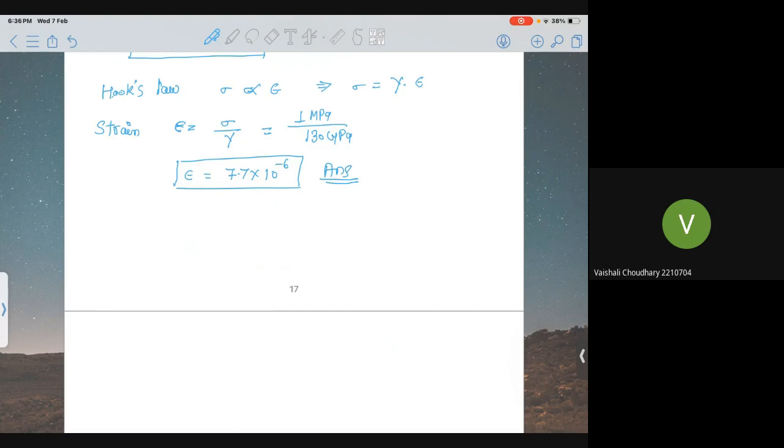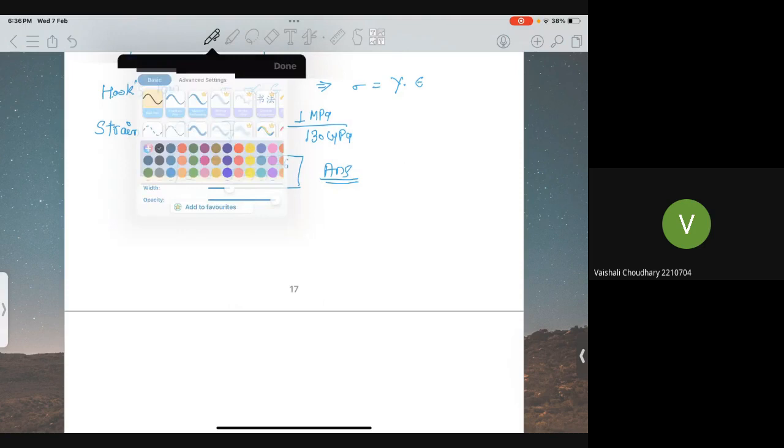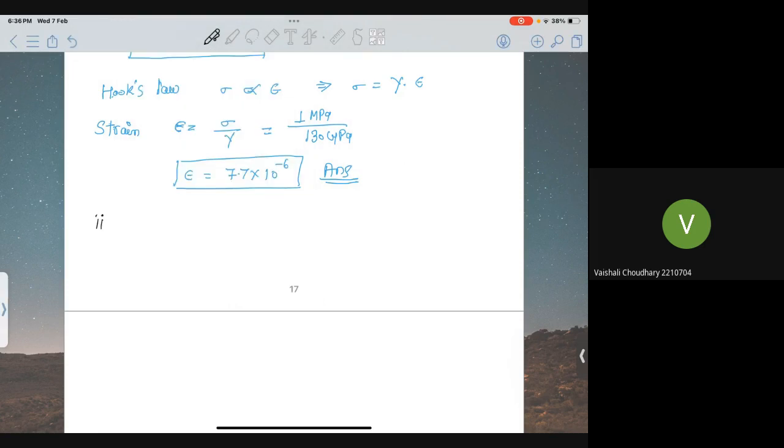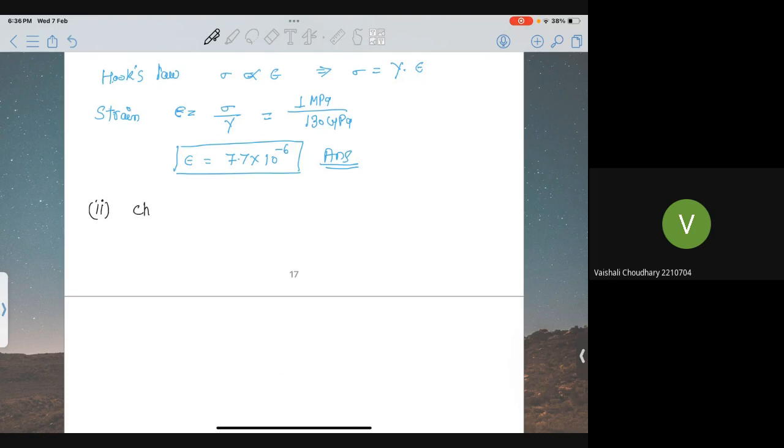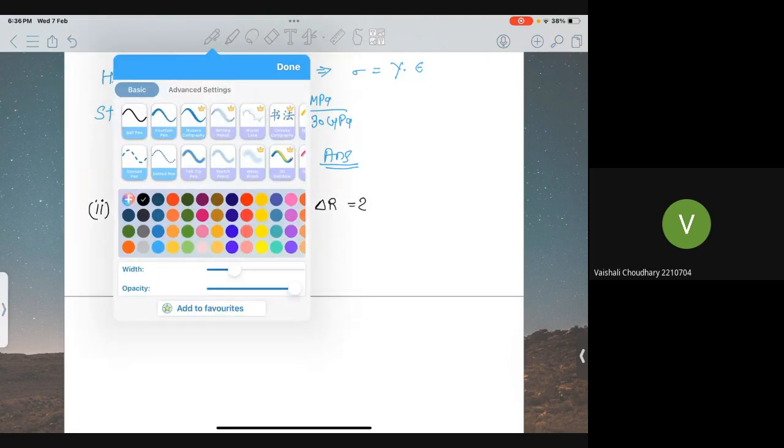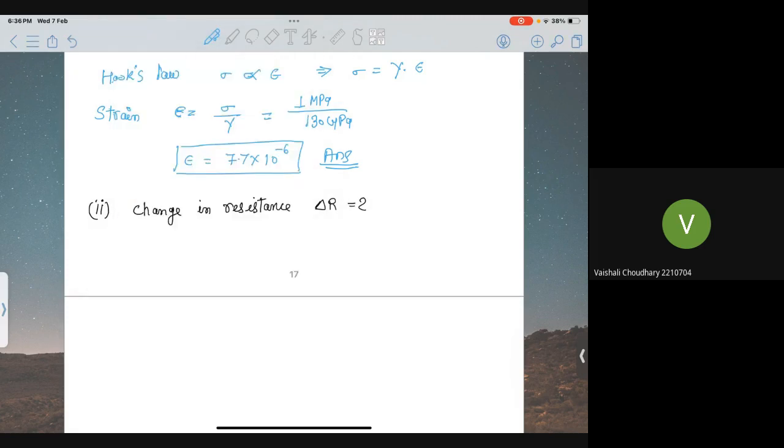so in the second part we have to calculate the change in resistance, delta R. First we'll talk about the gauge factor.